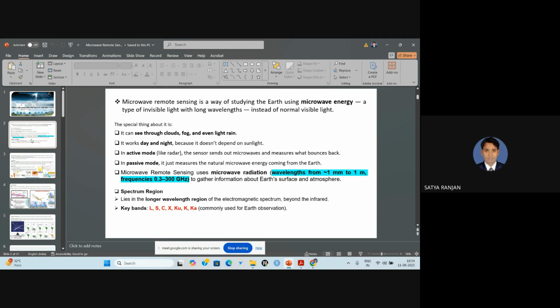In the microwave range, there are bands like L, S, C, X, Ku, K, and Ka. You must have heard about the Ku and K bands. These are used in telecommunication satellites, like distant antennas and TV, and other weather forecasting satellite data bands are also there.